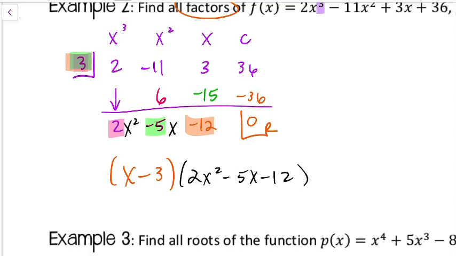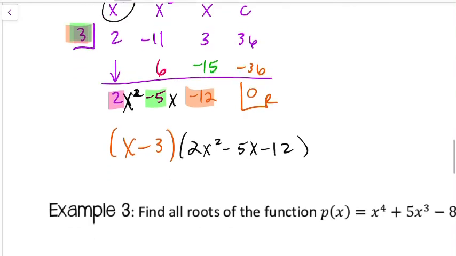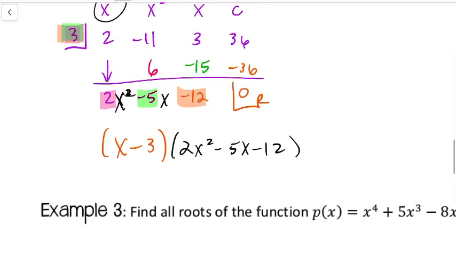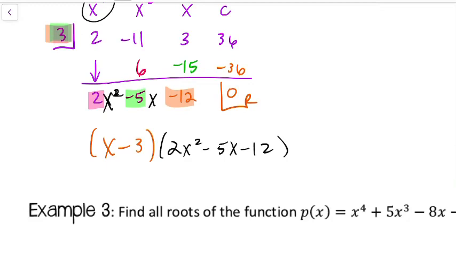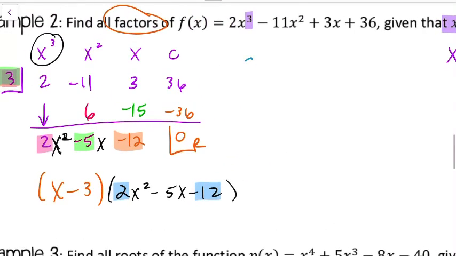Right? Because you always lose a degree. We started with x to the third. That's how we knew we were going to have x to the second. Well, from here, now we have a quadratic. We know how to solve quadratics. That's what all of chapter 4 was about. Now, this one is going to be factorable. If it was not, you can always use your quadratic formula. But let's factor this one. And we'll use divide inside. So 2 times 12 will give us 24.